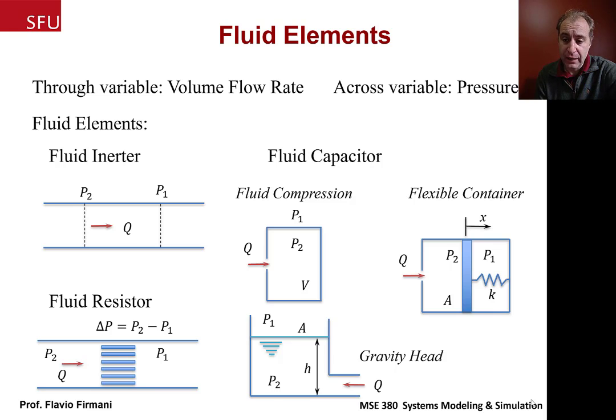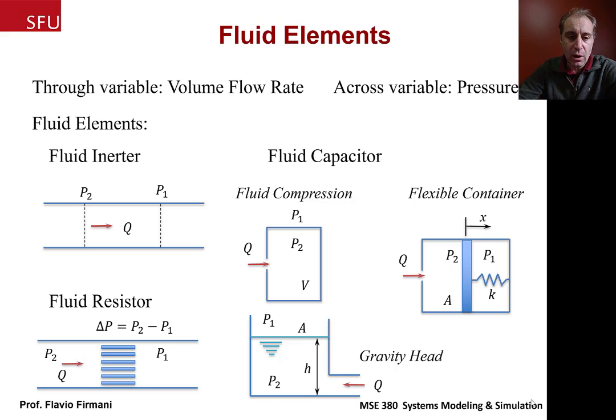We can have a container that is flexible and there is going to be a difference in pressure. Or we can have a gravity head like what we would have in an overhead tank. And for the dissipating element, we're going to have a fluid resistor, which can be in the form of valves, or perhaps we can have just the pure resistance of the pipes on the fluid.